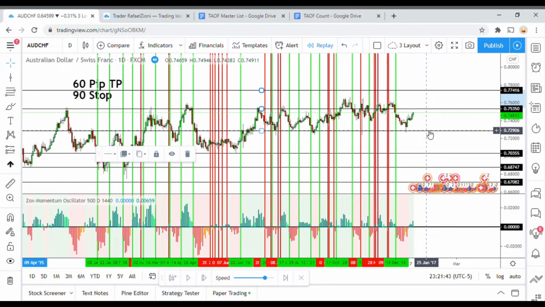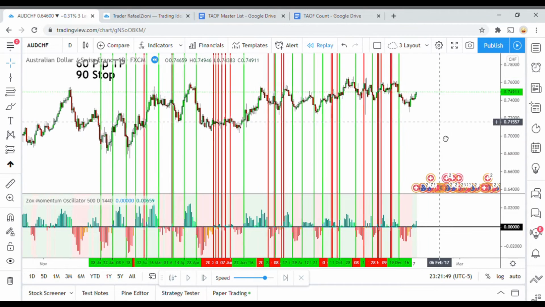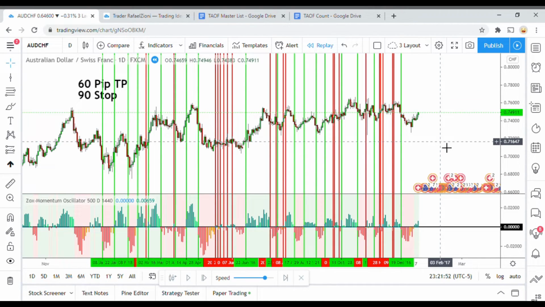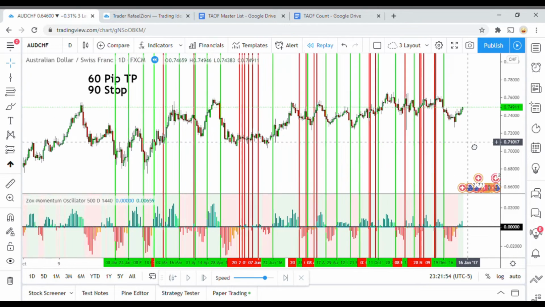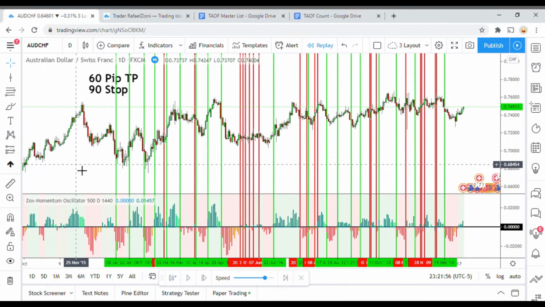All right, so here we have it. I'm going to go ahead and delete these support and resistance lines because they just cloud everything up. And this is what we're left with. Let's count them out and see what we get.